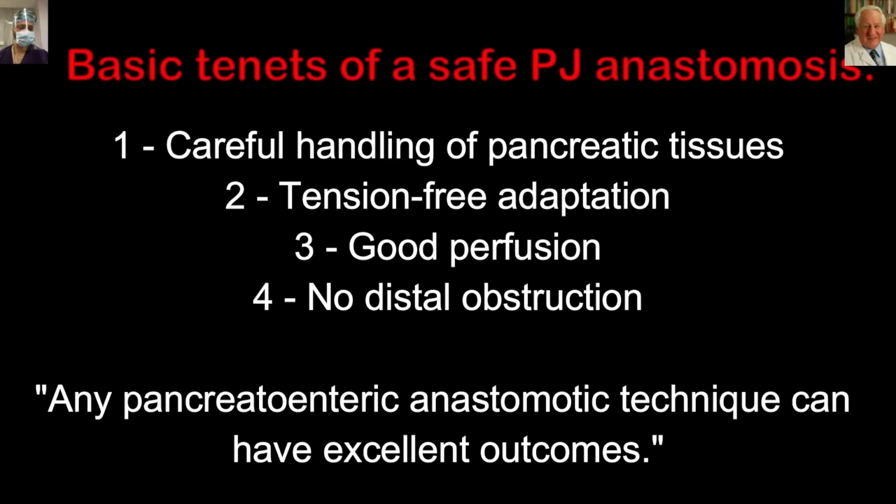Both the jejunum and the pancreatic remnant should have good vascularity and good perfusion, and there should not be any distal obstruction to the draining limb. If we follow these basic tenets of safe PJ, then any pancreatico-enteric anastomosis technique will have an excellent outcome. So the basic tenets of safe PJ are a must to adopt.